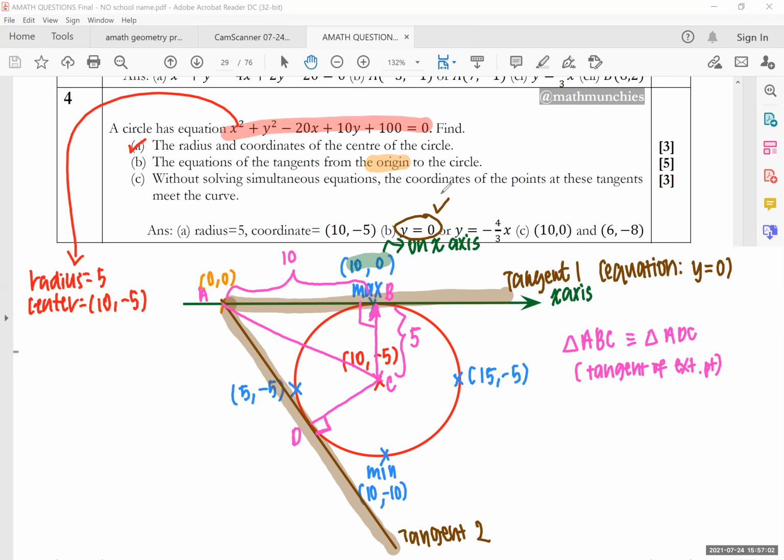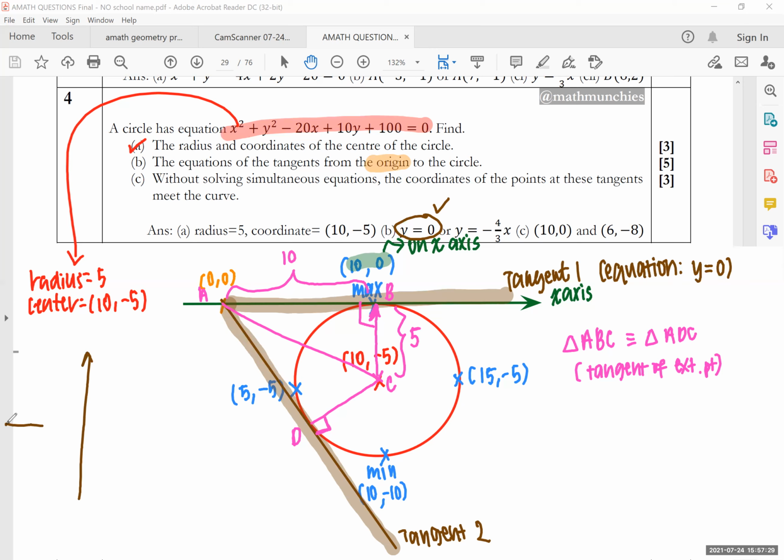Okay, now the second one is tricky. To do the second one, you need to find the gradient, right? Now, link back to something that you all learned in CG.